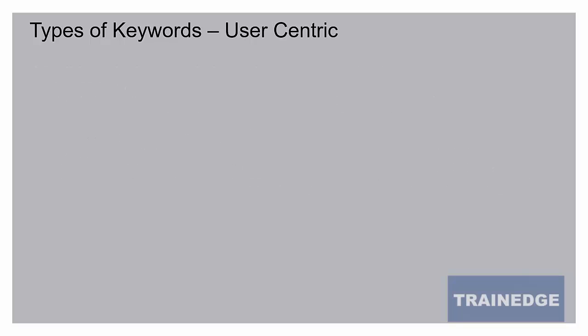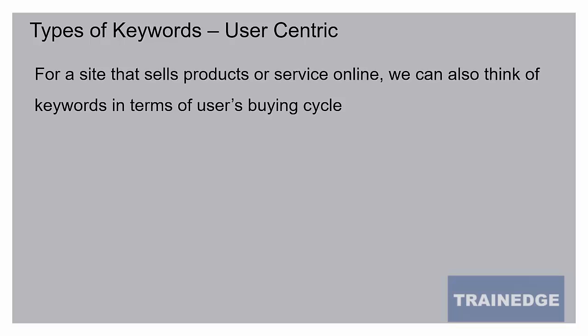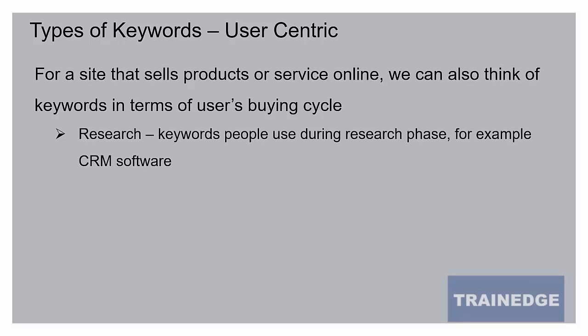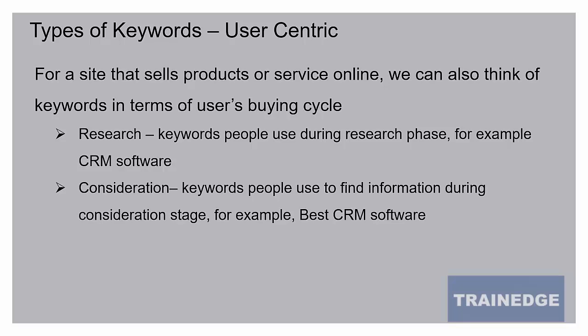Another way to categorize keywords is based on user centricity. We can think in terms of keywords used by the user at different stages of a buying cycle. For example, which keywords the person is going to use during the research phase of the buying process, and which keywords the person might use during the consideration stage.